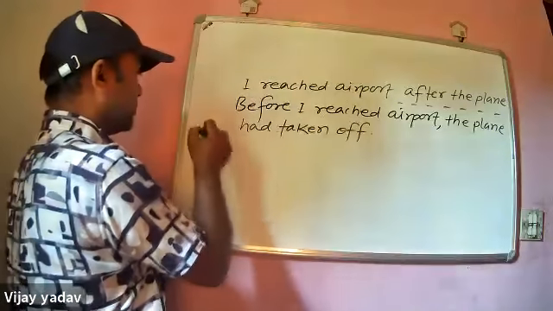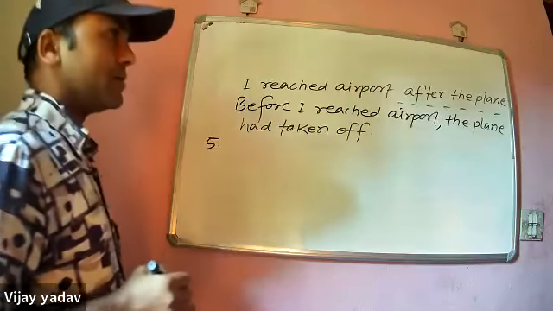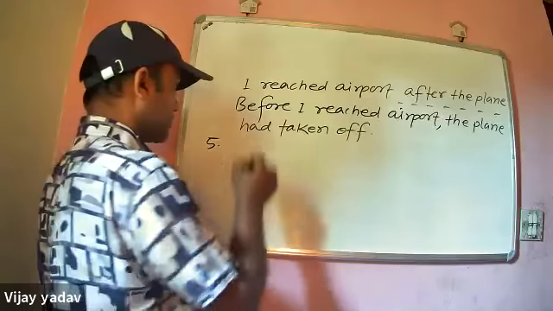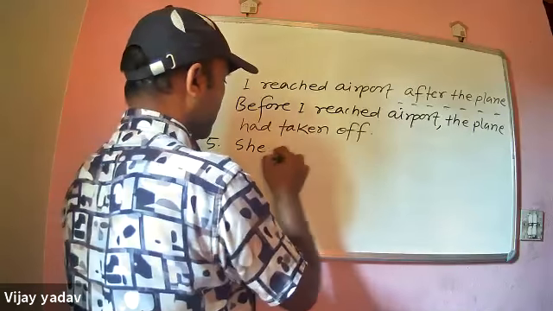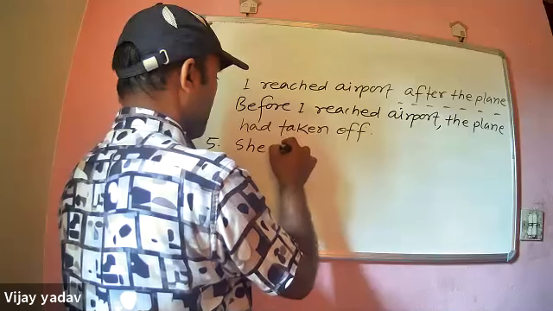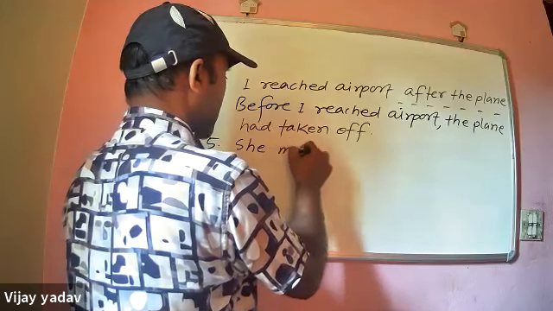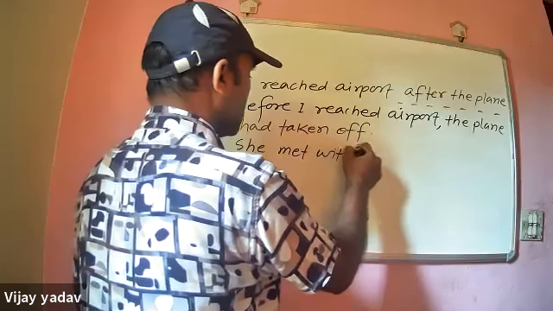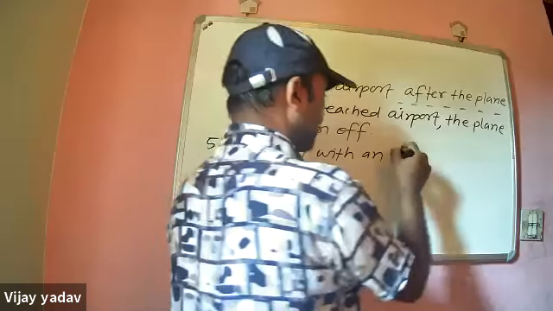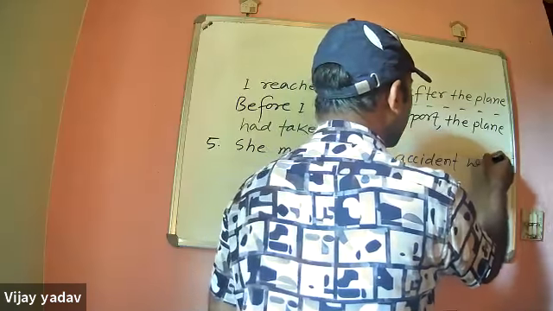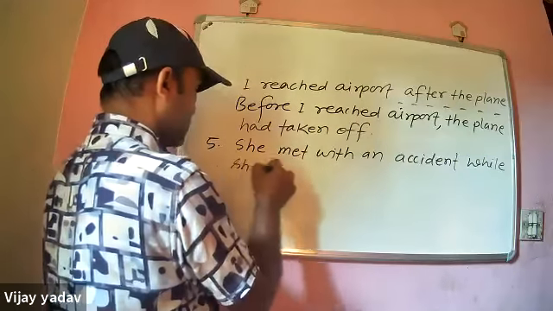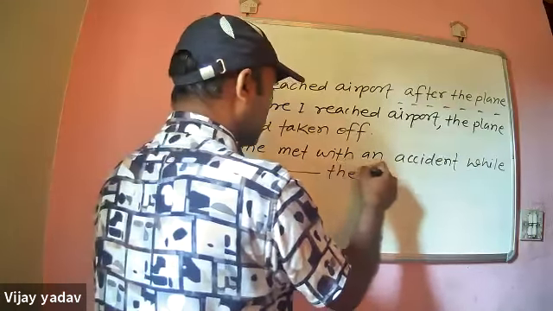Now number 5. In number 5, you see: she met with an accident while she the road.